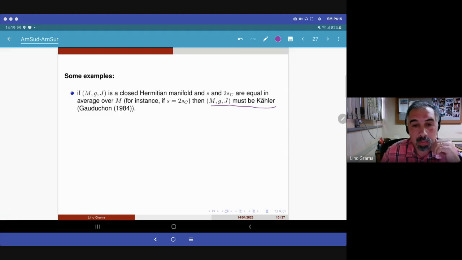Not necessarily equal pointwise, but if they are equal on average, this forces this Hermitian manifold to be Kähler. Okay.